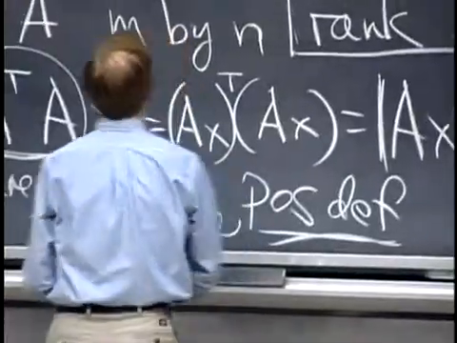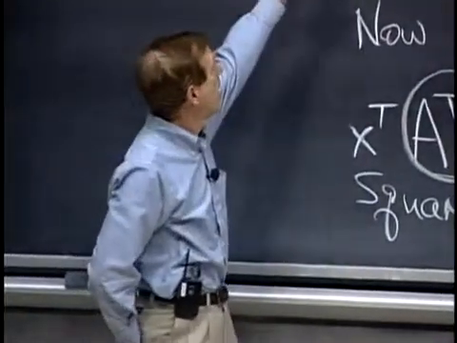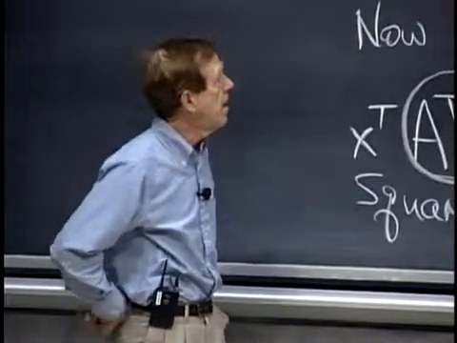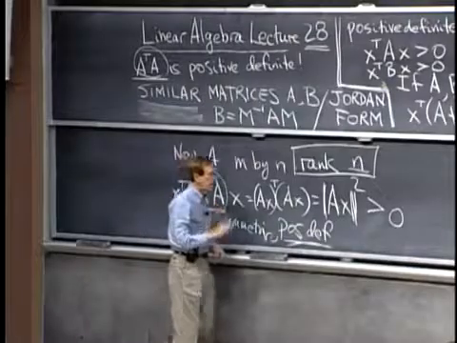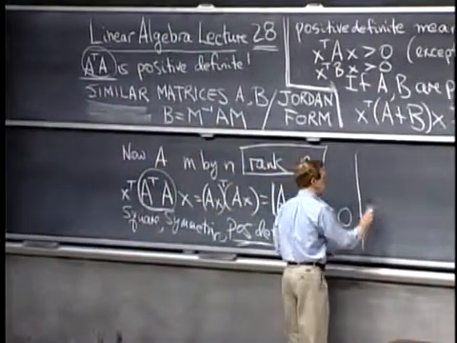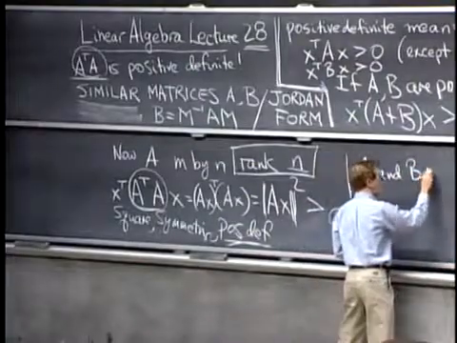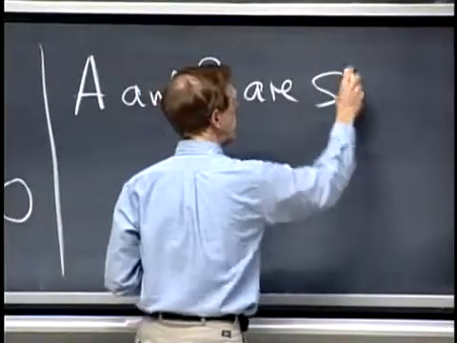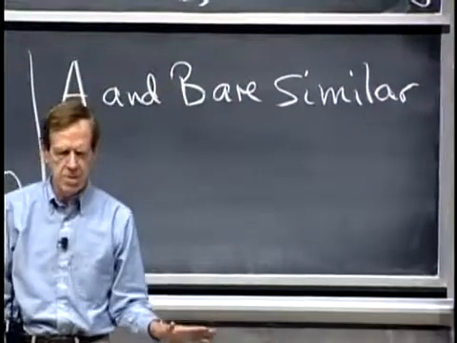Okay, so can I begin today's lecture proper with this idea of similar matrices? This is what similar matrices mean. So here, let's start again. I'll write it again. So A and B are similar. Now these matrices, I'm no longer talking about symmetric matrices.